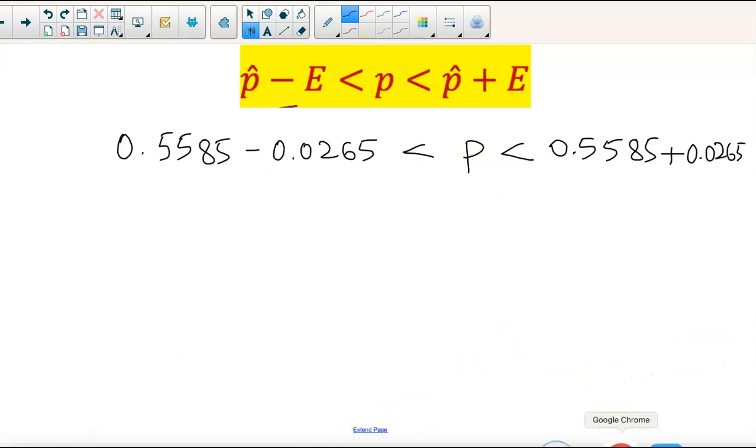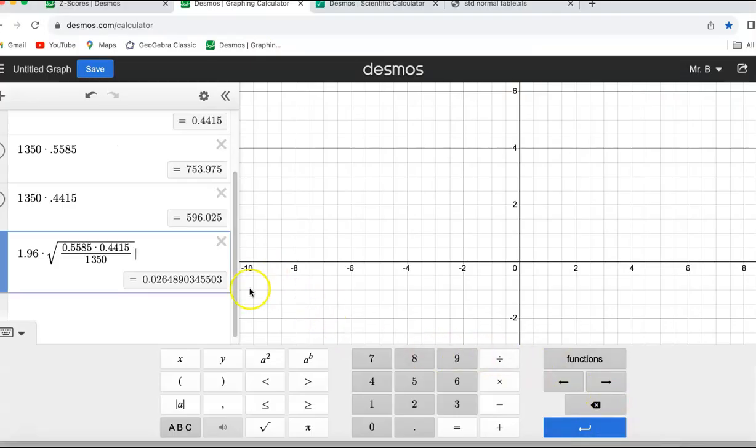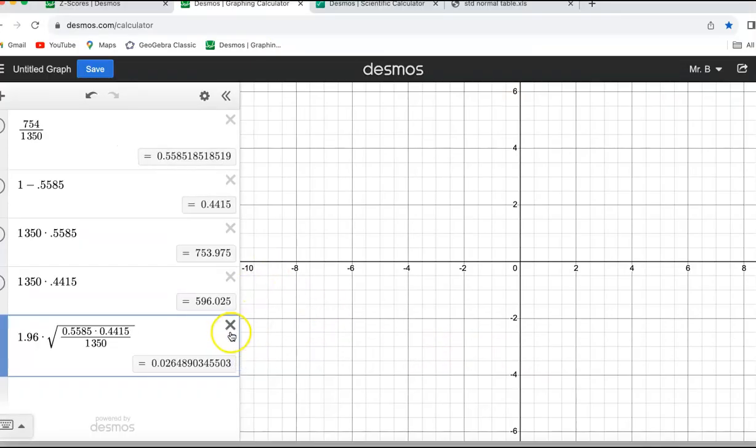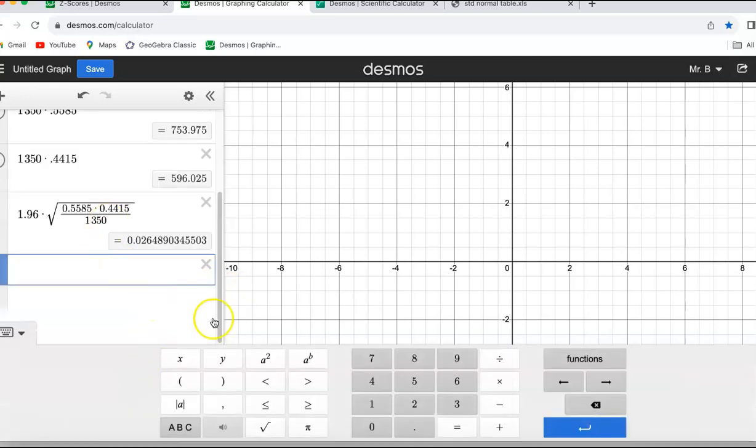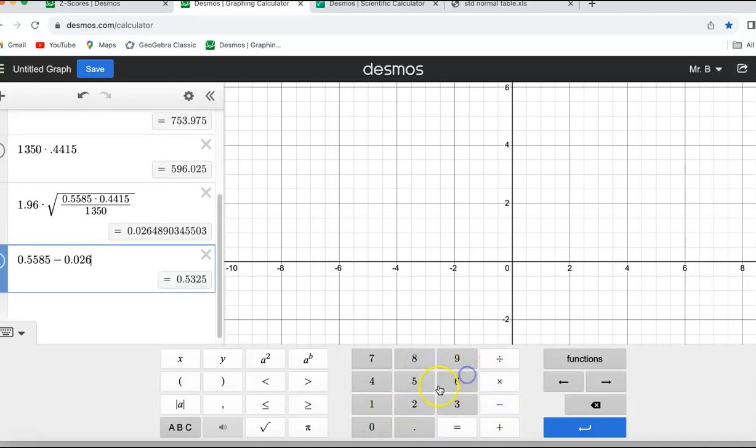Let us go back to the calculator and do this. 0.5585 minus 0.0265 is giving me 0.532.